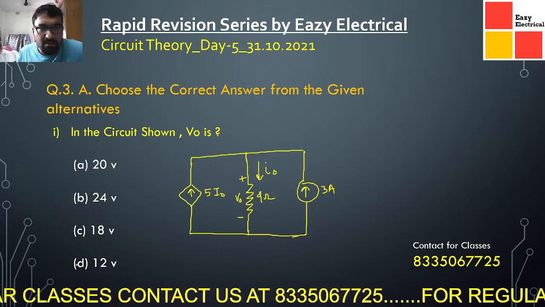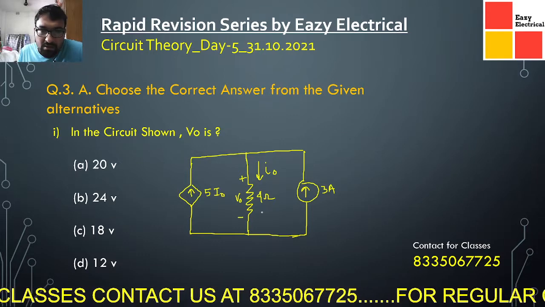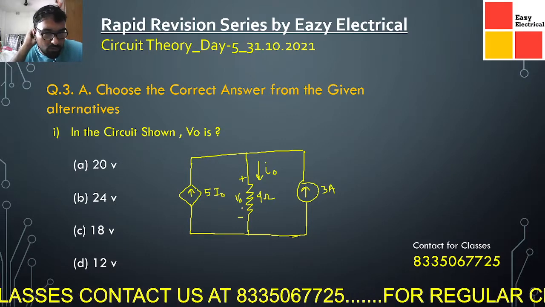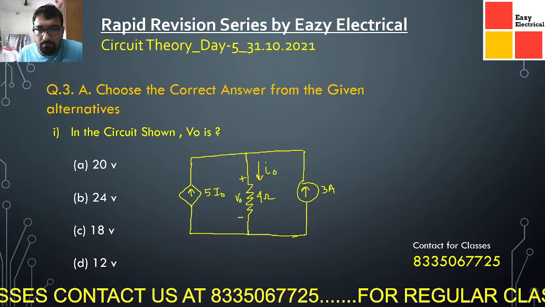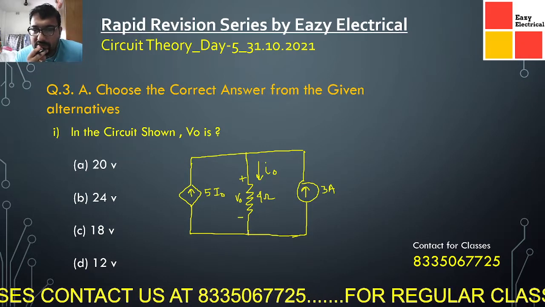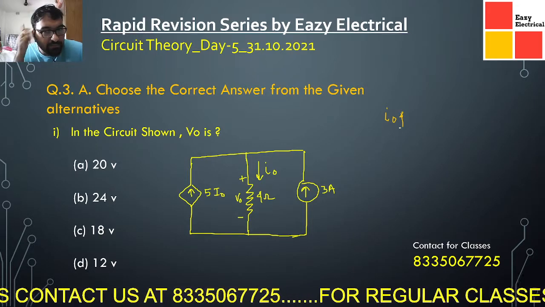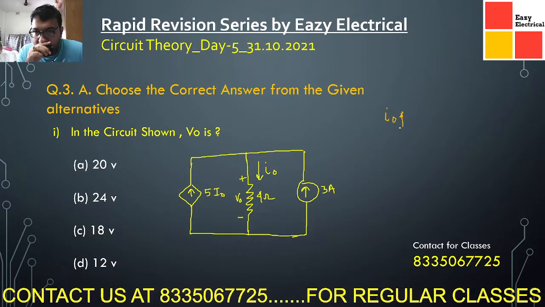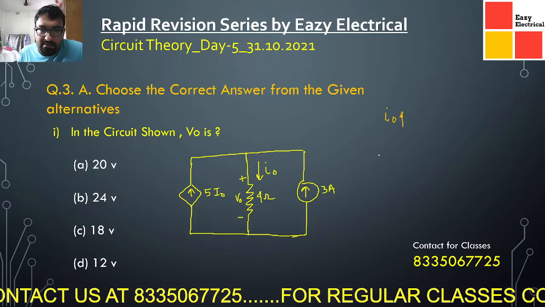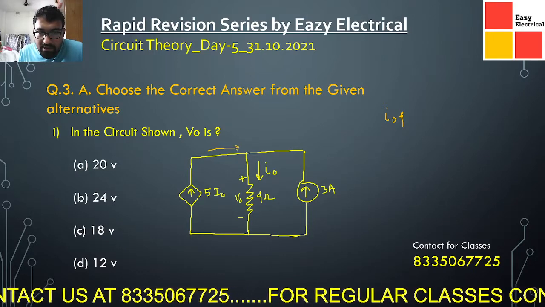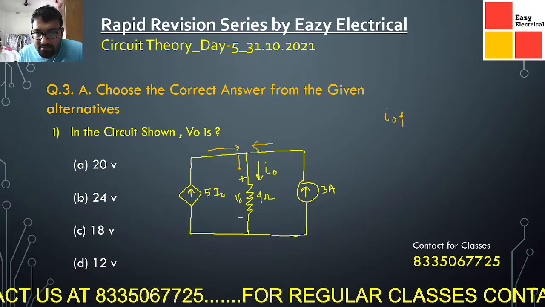Now coming to the next question, the circuit shown in the figure, v naught is how much it is? So what will be this value? Now see here, v naught is basically your I naught into R, I naught into 4. Now, one more statement that I can write here is that this current is entering in this direction, this current is going in this direction, and this current is coming in this direction.